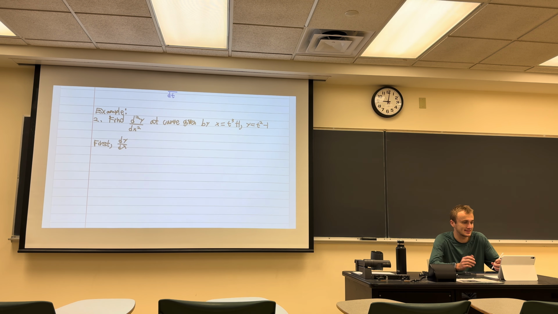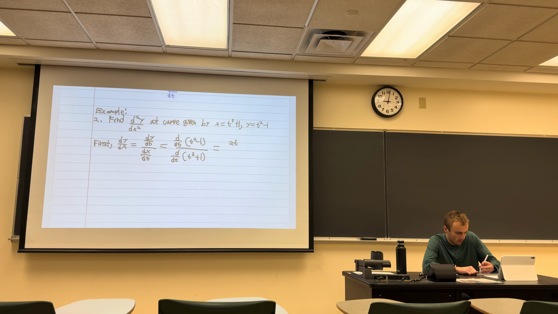So dy dt over dx dt, that's going to be d dt of t squared minus 1 over d dt of t cubed plus 1. That'll equal 2t over 3t squared. We can simplify this down by canceling one of those powers of t, so we just get 2 over 3t, and that's our first derivative, and I'll just note that here.